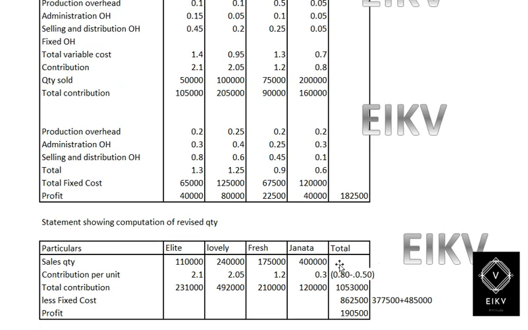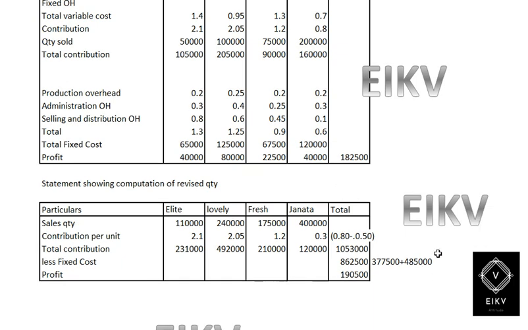As we all know, the total fixed cost is 3,77,500. We need to add the excess advertisement amount of 4,85,000, which is considered as fixed expenses.